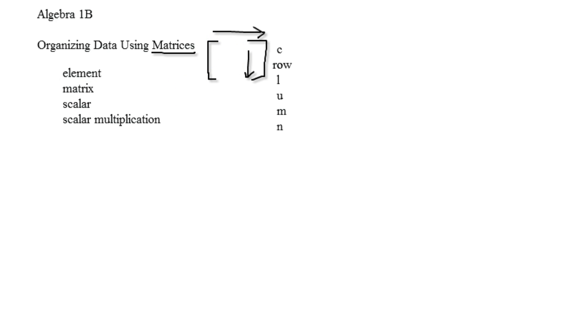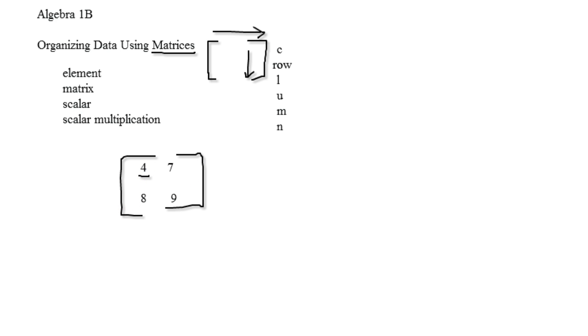Now, let's say I was dealing with a matrix that looked like this, and I wanted to find out which specific number was in a certain place. I would look up the address.